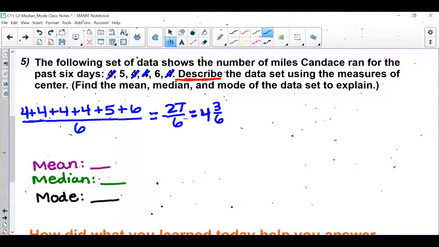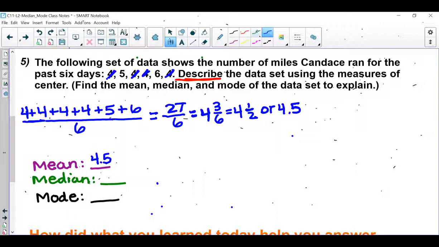Which means I can simplify it to 4.5, or what's the decimal? 4.5. Remember, in Canvas, you're going to write the decimal. So my mean, guys, is 4.5.